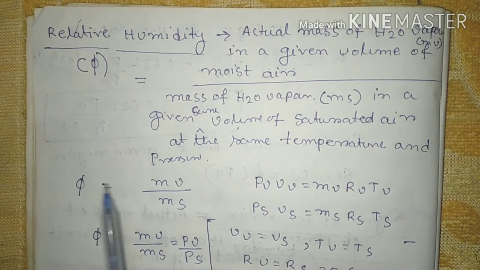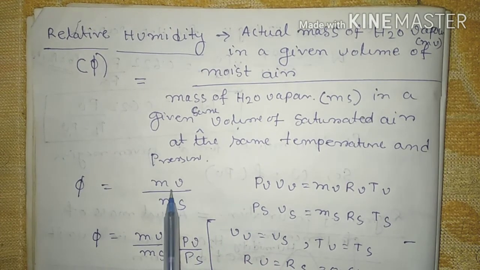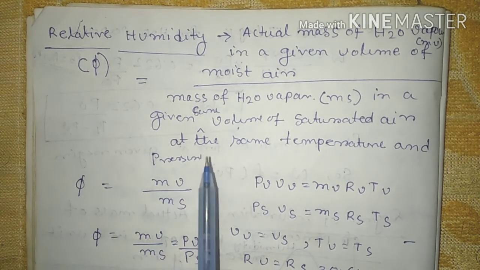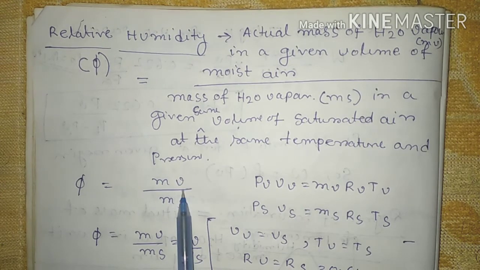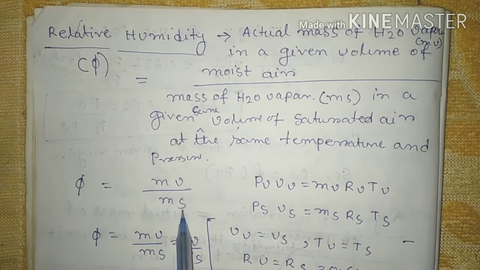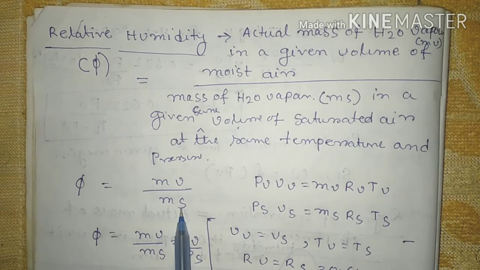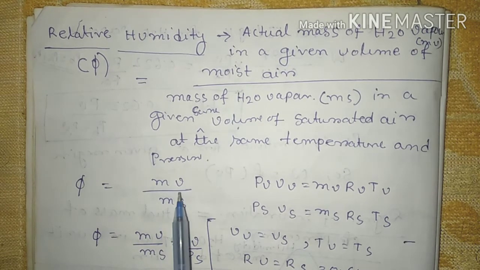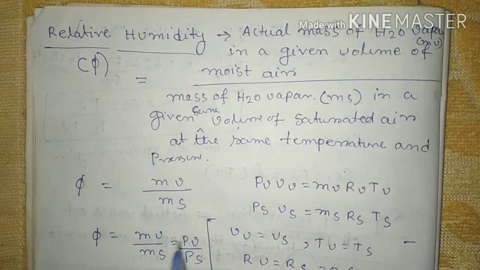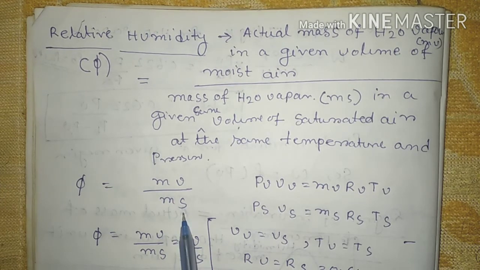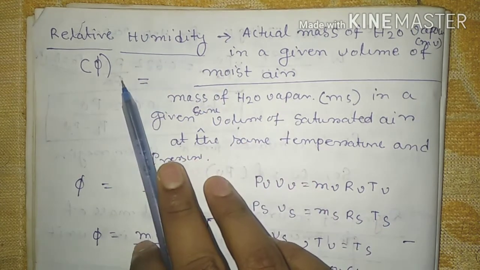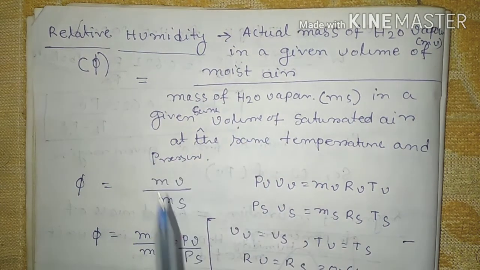Now relative humidity you can write in terms of mv by ms, the mass of water vapor in a given volume of moist air divided by ms, the mass of water vapor in the same volume of saturated air, that's why it is S, at the same pressure and temperature. Relative humidity is denoted by phi.